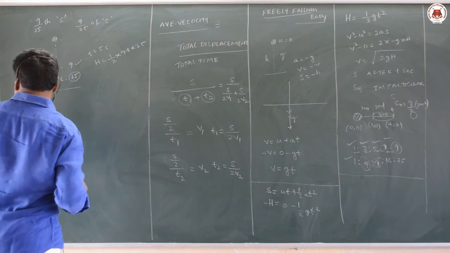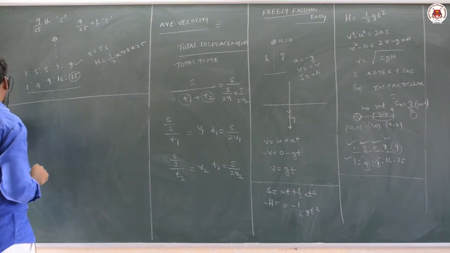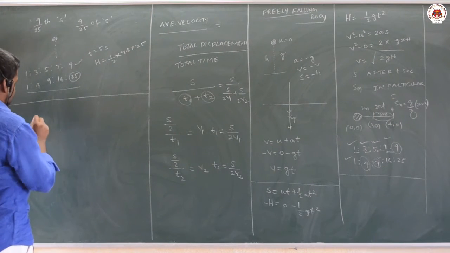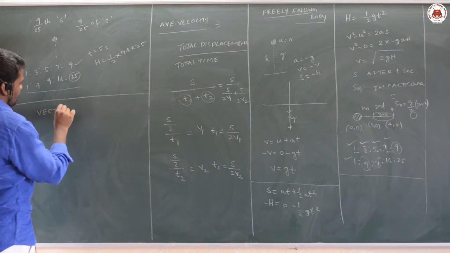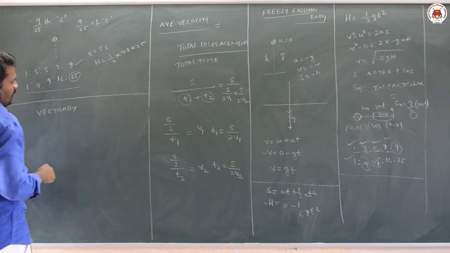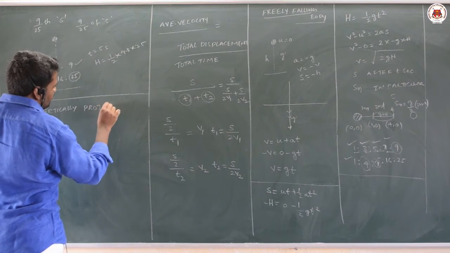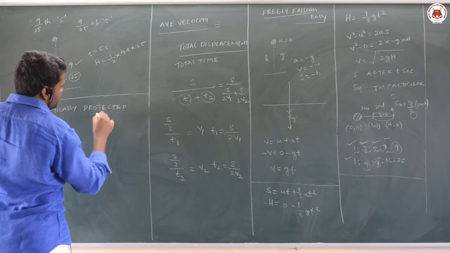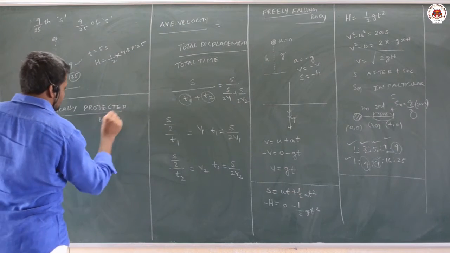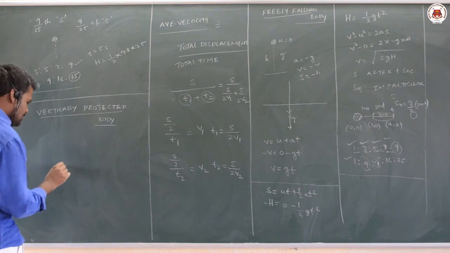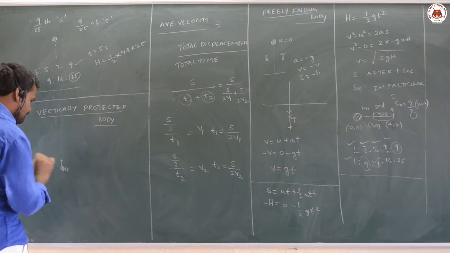And at the same time, if you consider a vertically projected body, the thing will be different here. A vertically projected body is a body which is given a certain velocity u in the upward direction.